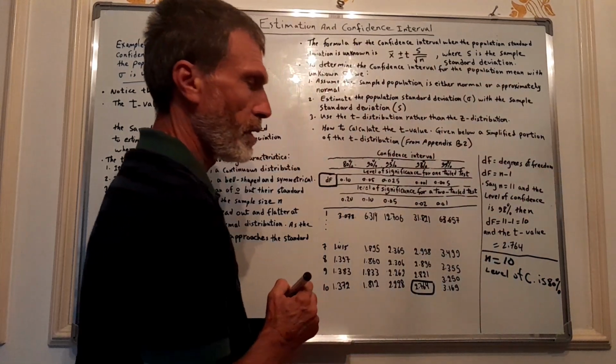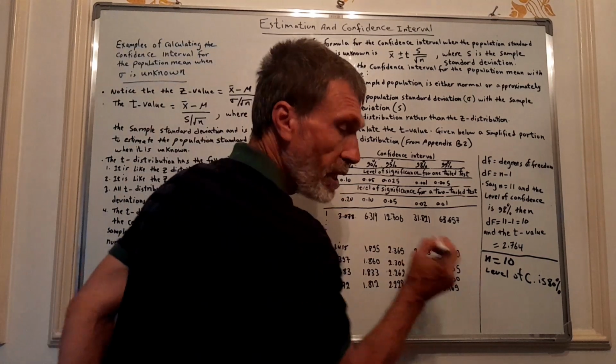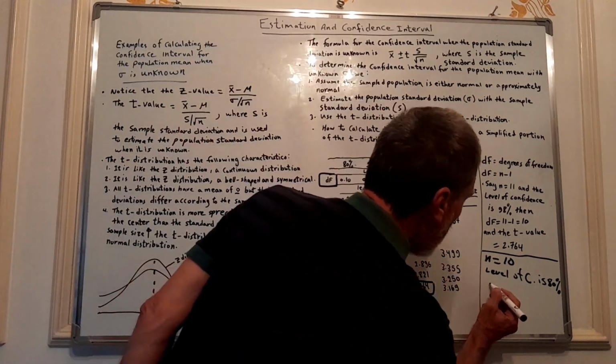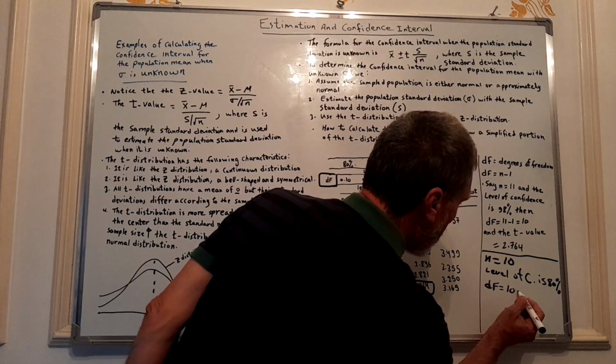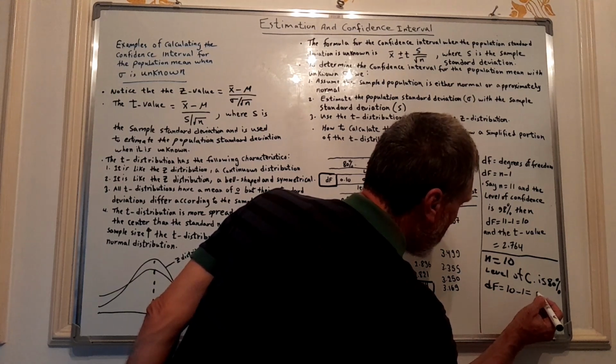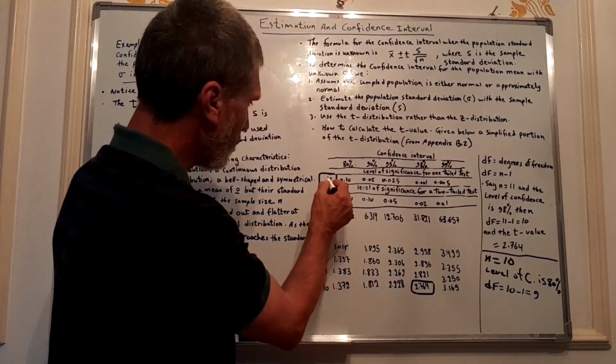Then what do you do first? How do we calculate the t-value? First of all, we calculate the degrees of freedom, df, which is equal to 10 minus 1, which is equal to 9. Great. Now we go to 9 degrees of freedom here.